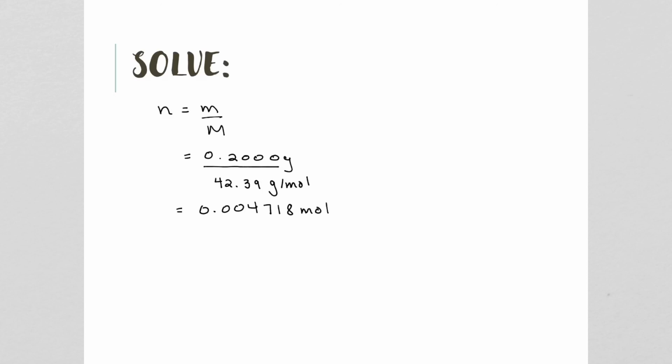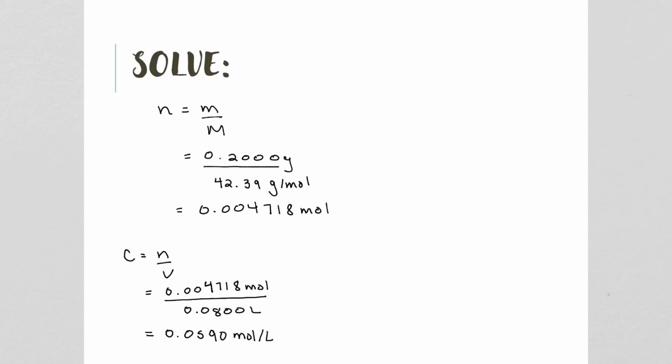Now that we have that, we can find out the concentration. So C equals n over V, and that's equal to 0.004718 moles over 0.0800 liters. So that is equivalent to, sorry, 0.0590 moles per liter.